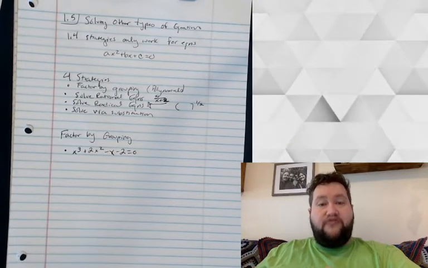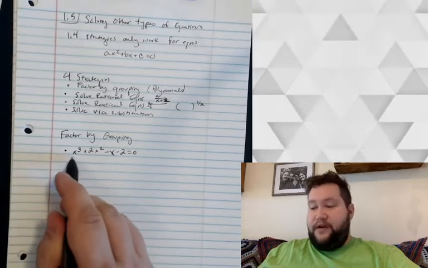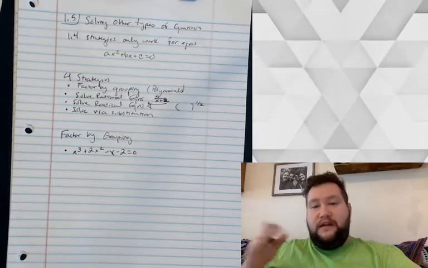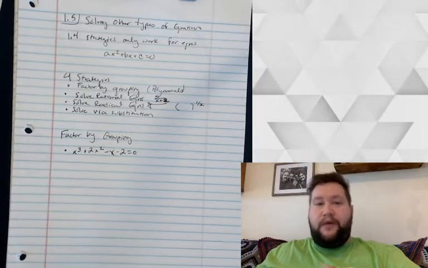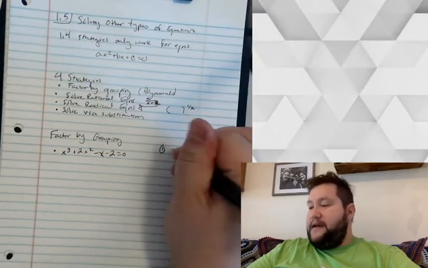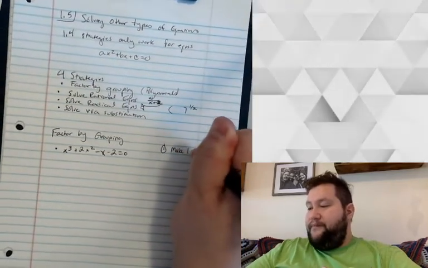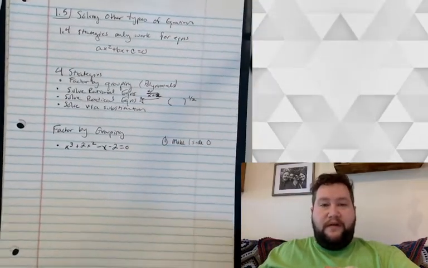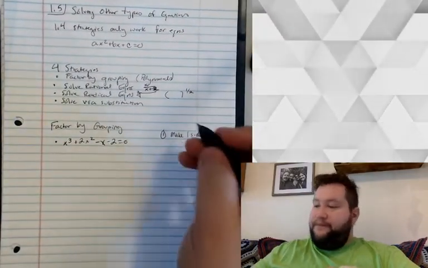This is actually a polynomial, because we have up to a cubed. And so we can't just proceed directly into factoring it as we would. The first step we always want to do is make one side 0. And we already have one side equal to 0, so we don't have to do anything for this one.